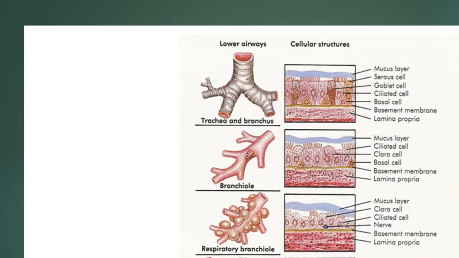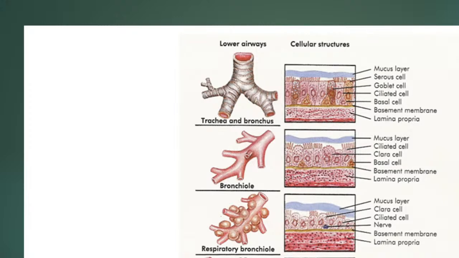Clara cells are non-ciliated bronchiolar secretory cells. They have short microvilli and they can secrete glycosaminoglycans to protect the bronchiolar epithelium.